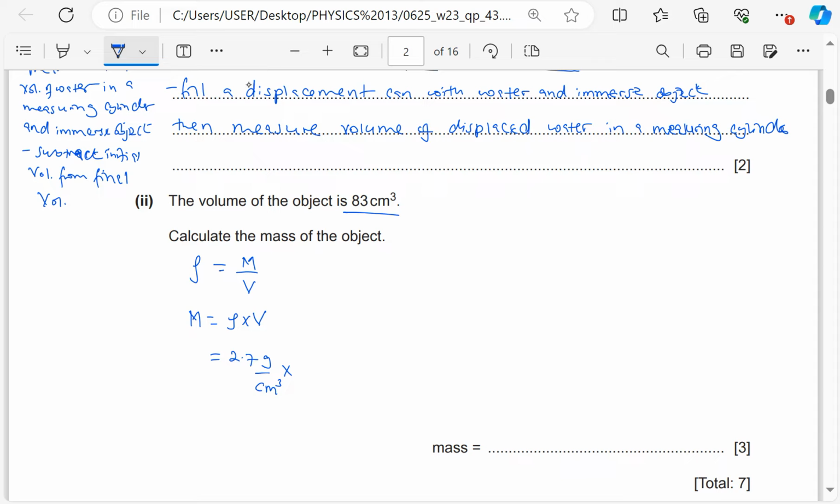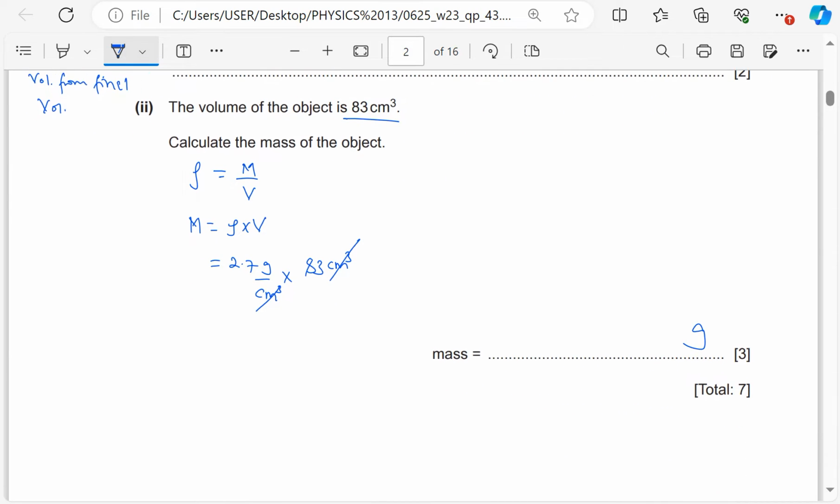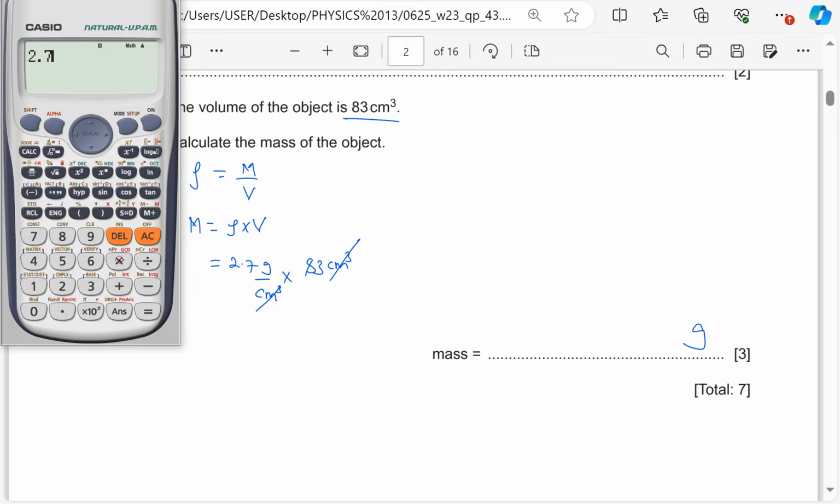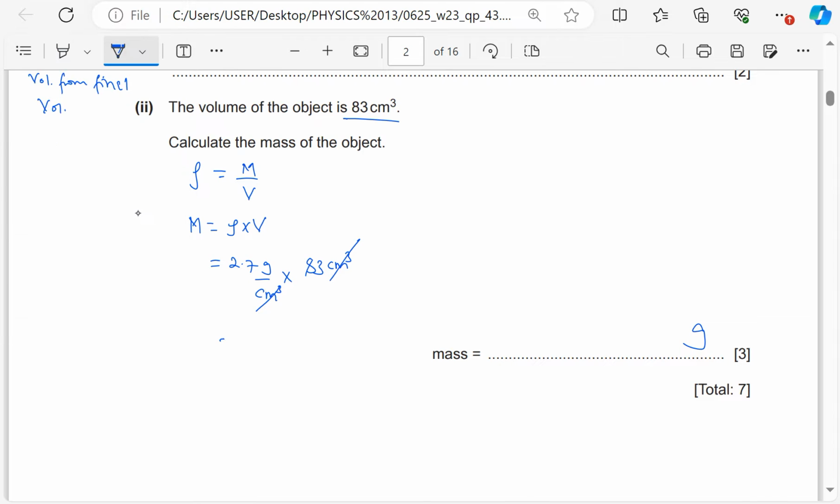Then the volume is given as 83 centimeters cubed. So centimeters cubed has cancelled, so the mass is going to be in grams. From my calculator, 2.7 times 83, which is 224.1 grams, or I can write approximately 220 grams.